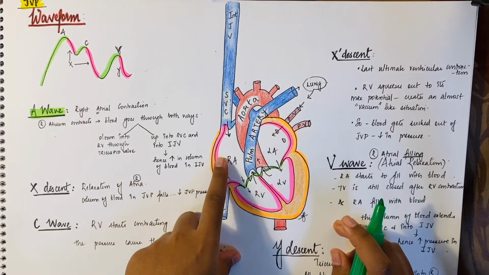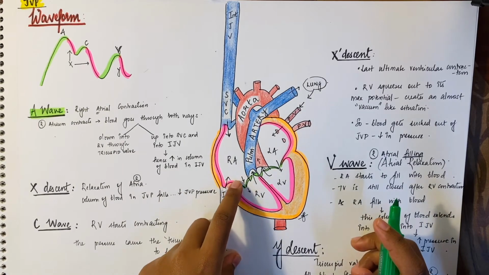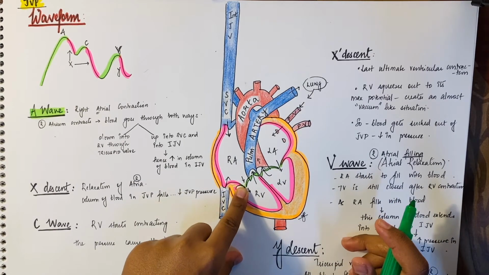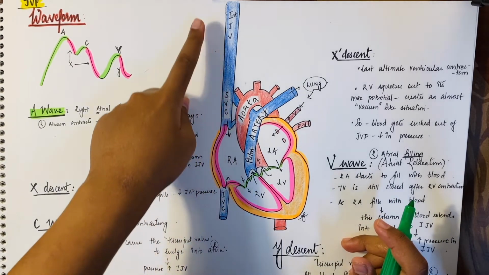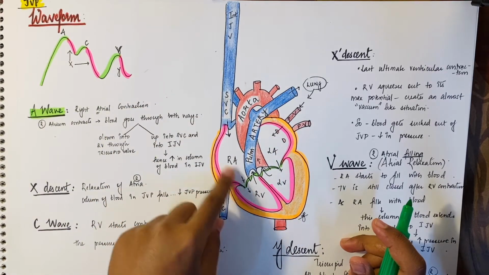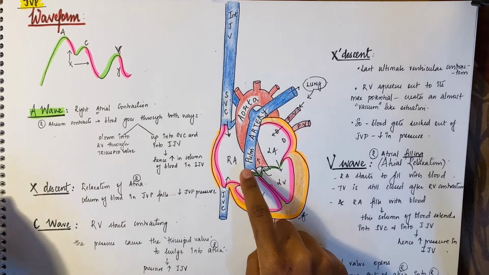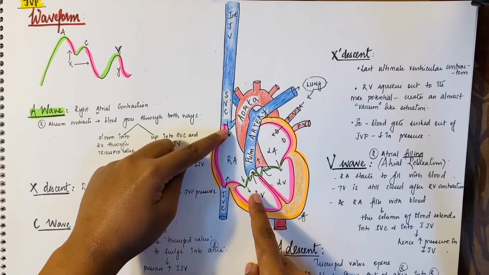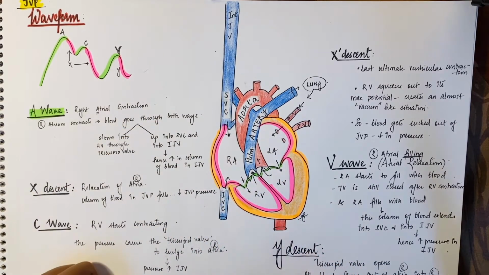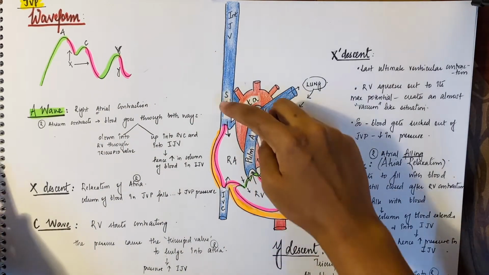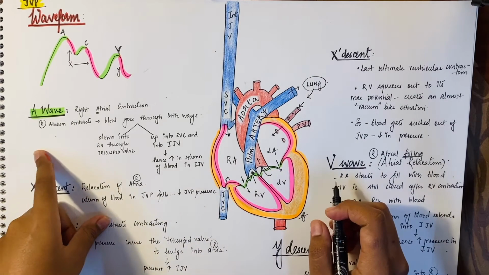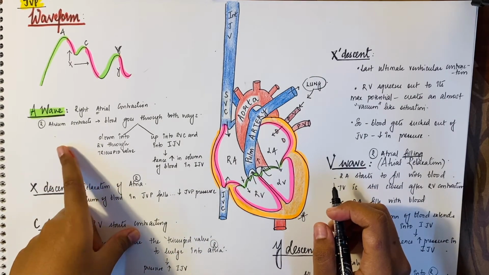When the right atrium contracts, blood goes through the superior vena cava into the right ventricle. There is an increased pressure in the right atrium, which forces the blood downwards, but at the same time, it forces it a little upwards so that the level of blood in the internal jugular vein also rises. This rise is demonstrated as the A wave.